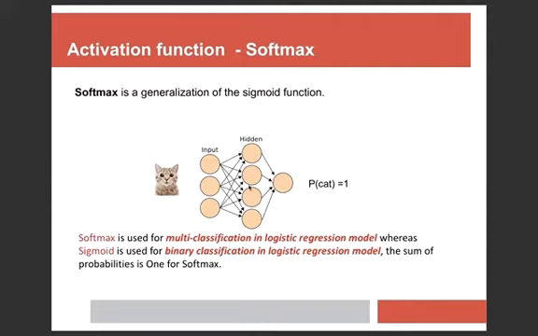For this concrete example here, if we need to decide whether the input image is a cat or not, in this illustration network, the output layer only has one neuron, and this neuron will be using the sigmoid function to activate the output.